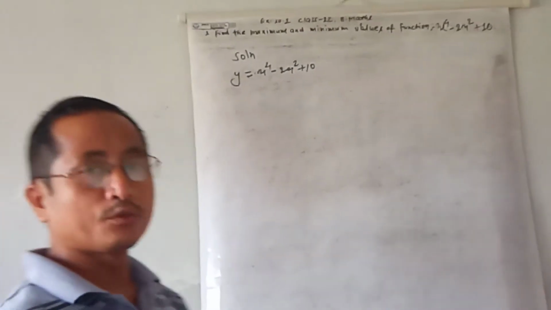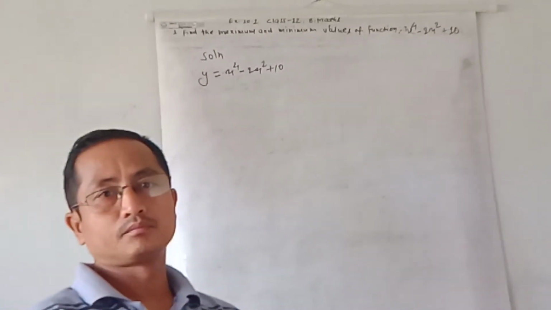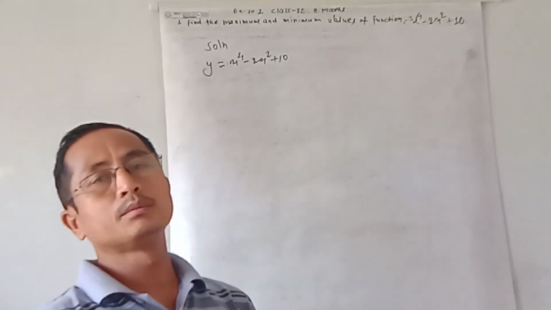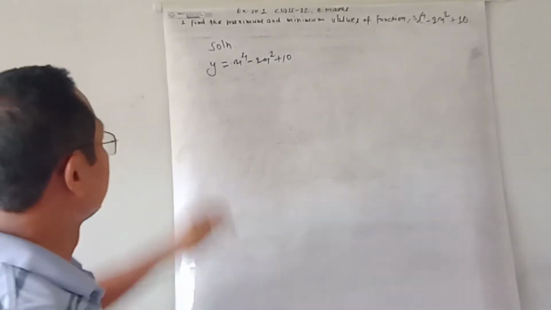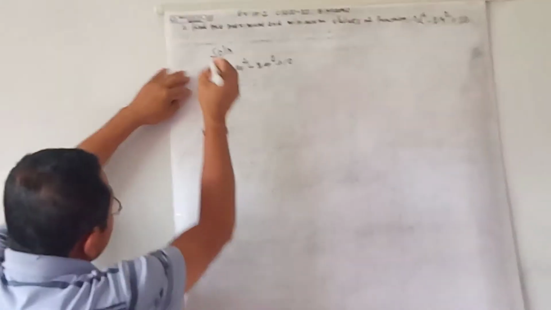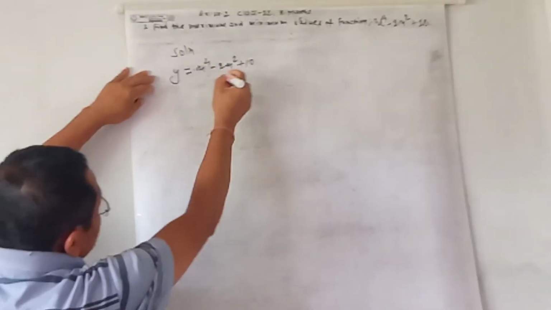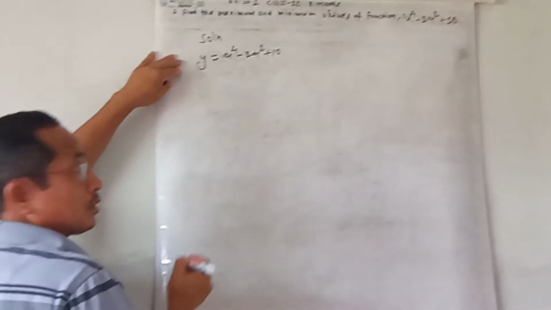After that we have to find the derivatives, I mean first derivative and second derivative. Here the function y is equal to x power 4 minus 2x square plus 10.